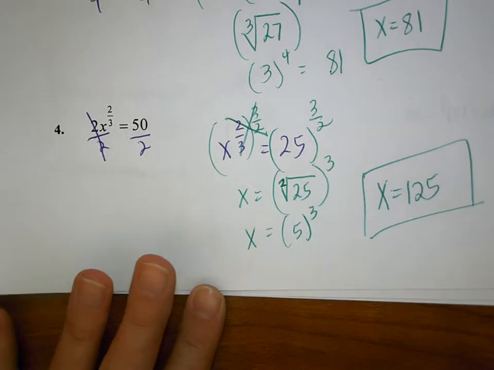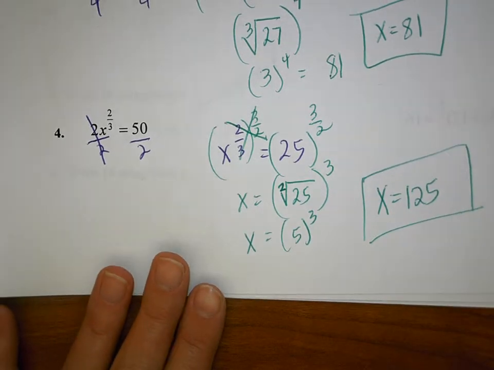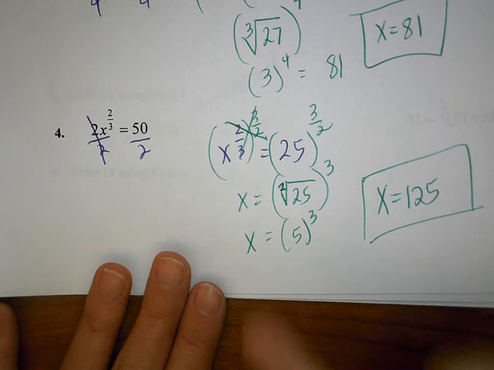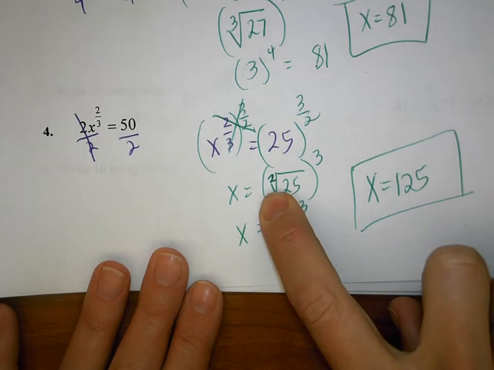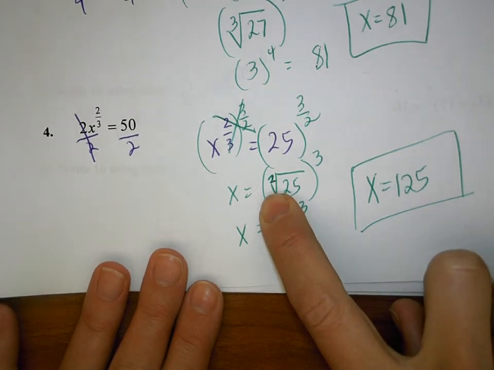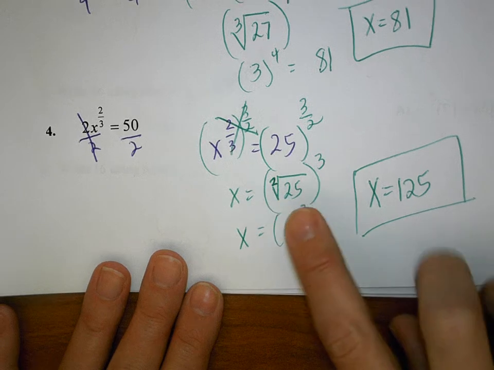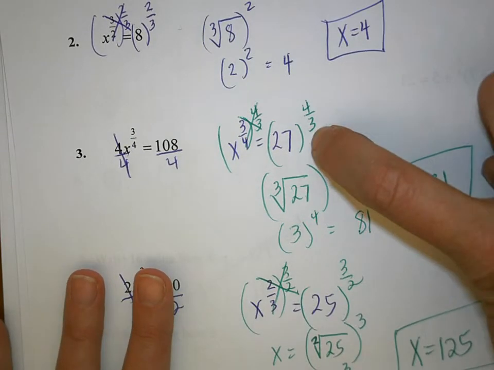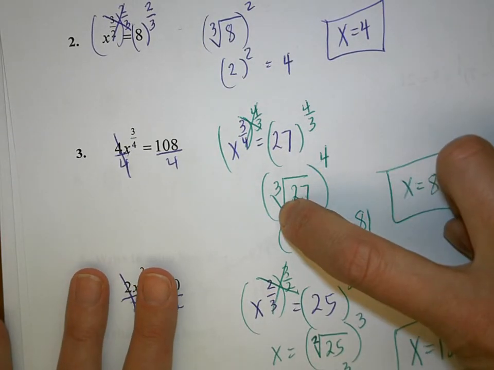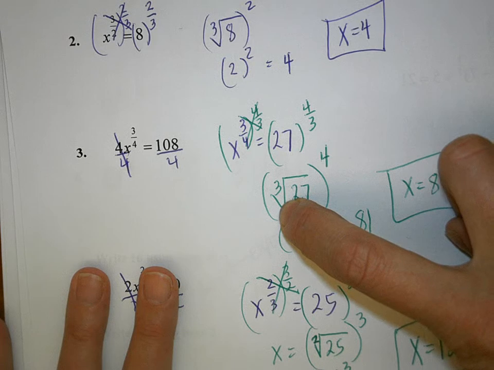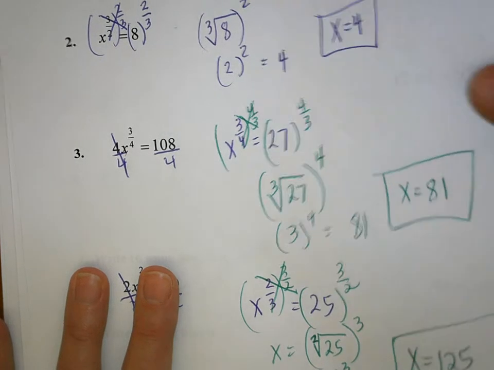It's just that square roots are normally square roots, meaning 2. And so you don't have to write the little 2 when it's the 2, but you can. It's up to you. Because if you notice on this one, the root was a 3 and I wrote it. So anytime it's not a 2, I'm writing it. But if it is a 2, you don't have to. Okay.